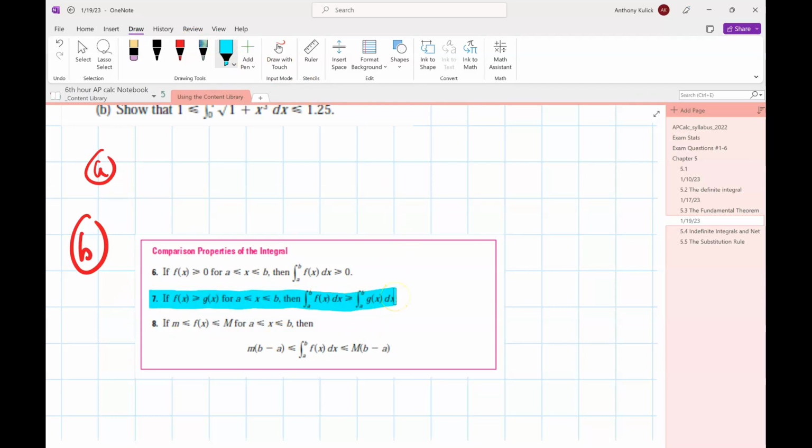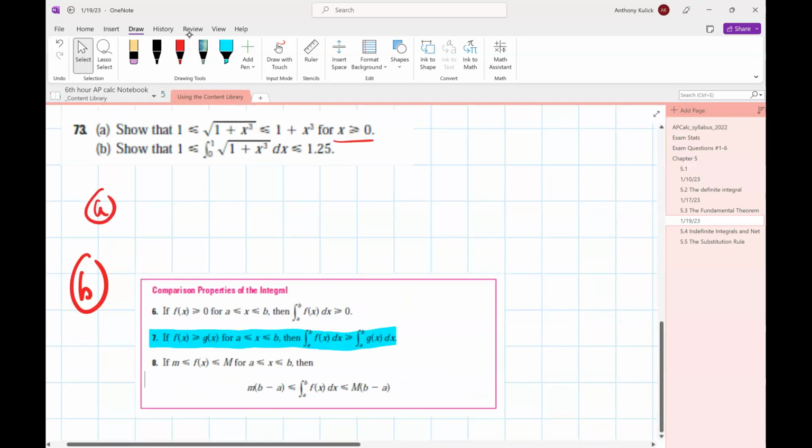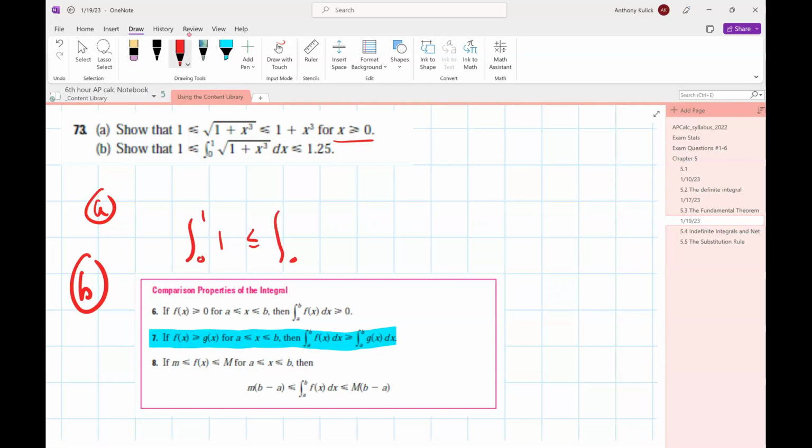Yeah. So all I'm going to do is say, okay, I take part A, and I'm going to integrate, because I know that that is true.